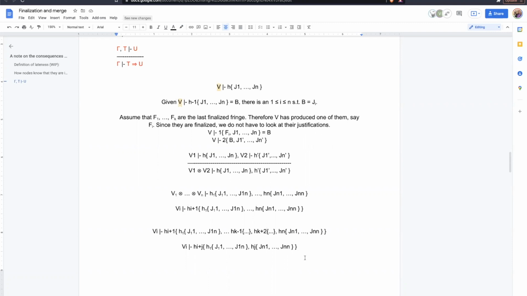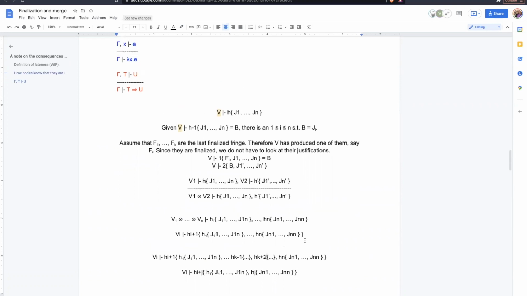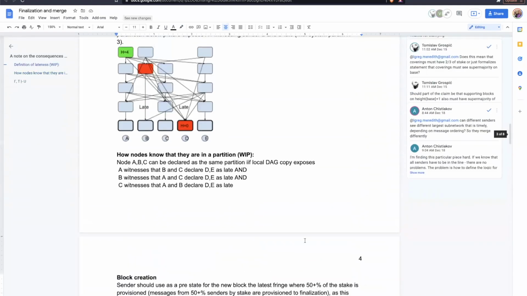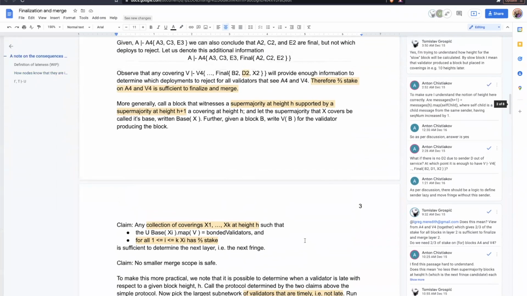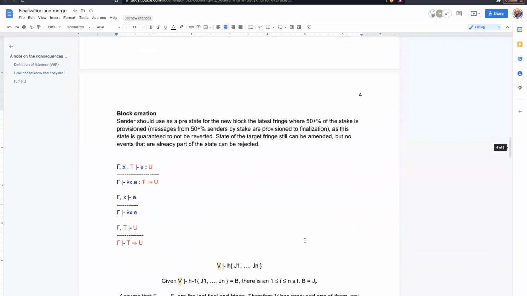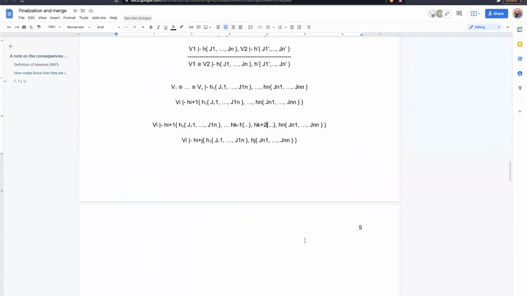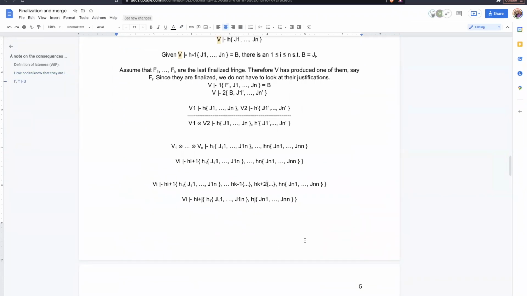So basically, VI needs to go to a higher height to be able to see the whole network at some lower height. Correct. Exactly. All right, so now you can see that you can restate all of these conditions in this algebraic format. Does that make sense?